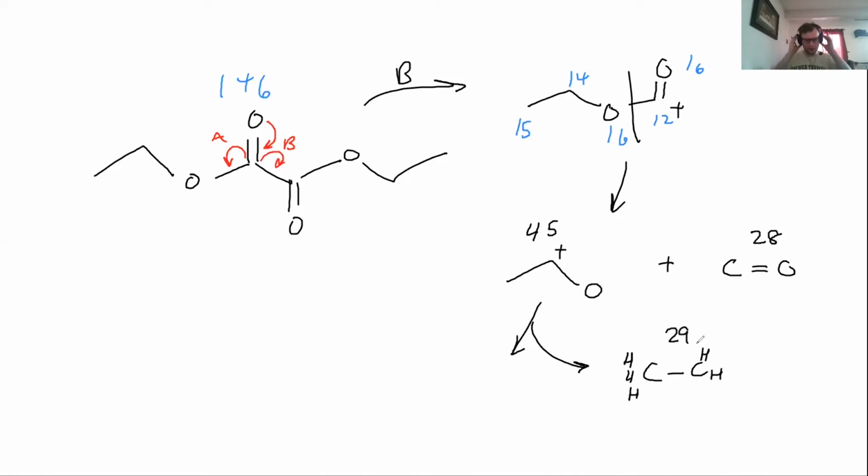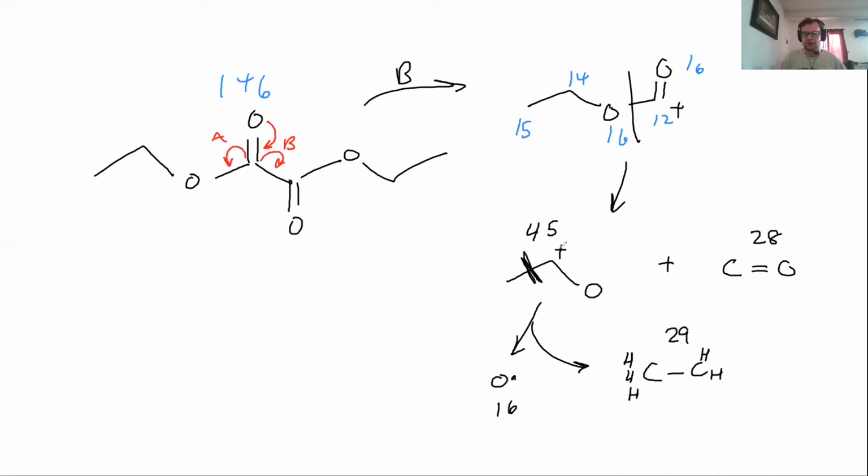And now suppose what we'll have is an oxygen by itself. So we'd have a 16 plus a 29. That's one way this could split. It could just split right there, leaving the two carbons and the one oxygen. Another way it could split is between the carbons.